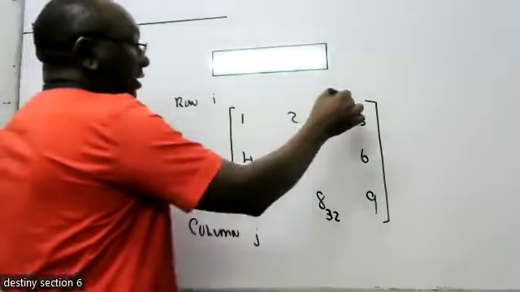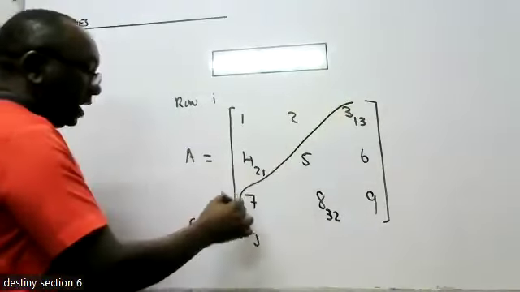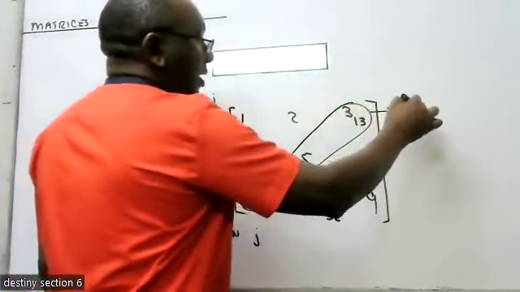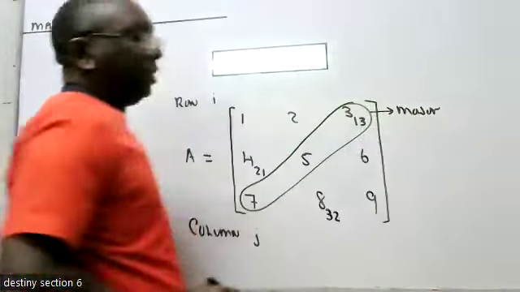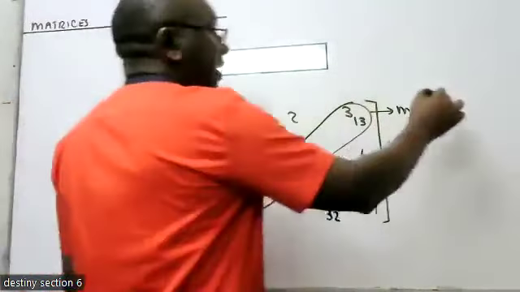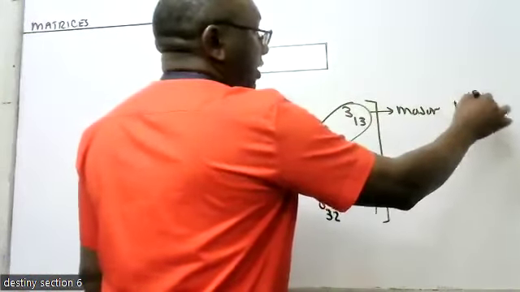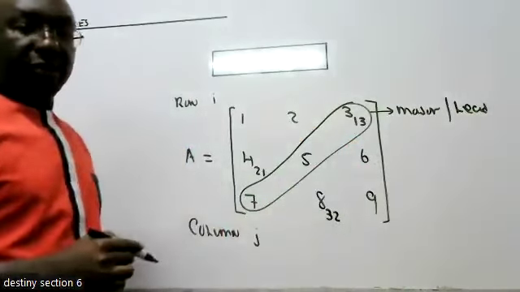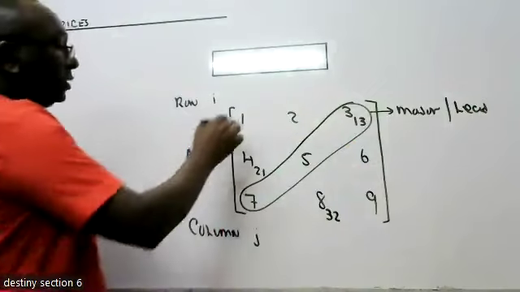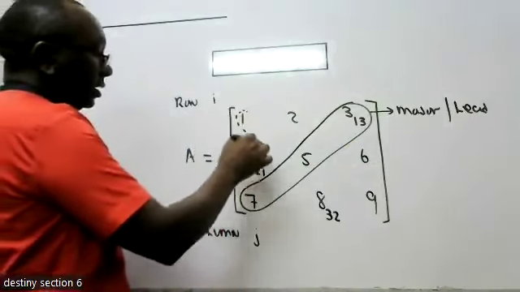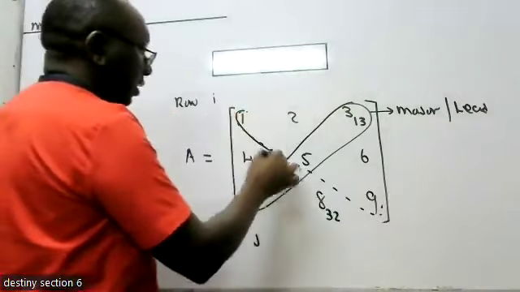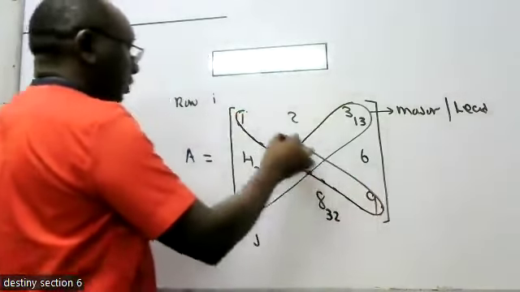Then, if you look at these items that are here, they form what we call the major diagonal. We can also call it the lead diagonal. Sorry, it is the opposite, I've put the opposite.